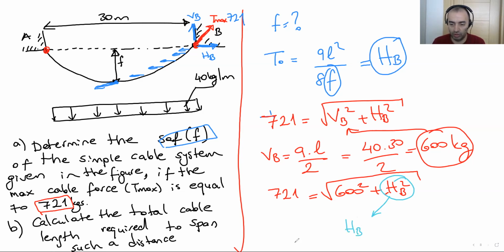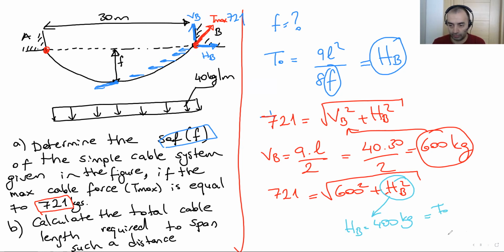When we write this equation, you can get HB. Let me see the result. What is HB? I guess it's 400 kilograms. Also, this HB equals T0.